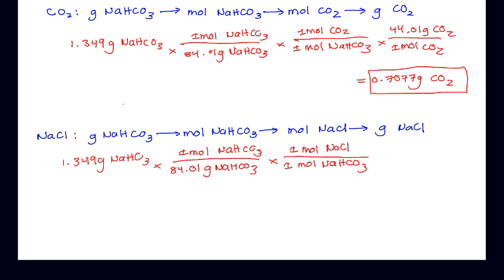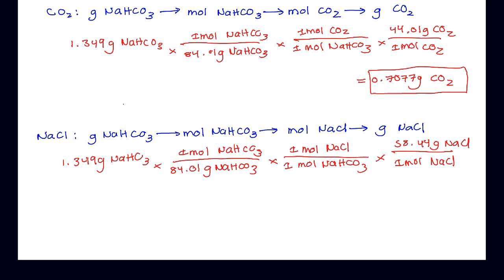And the last thing is we need to use the molar mass of sodium chloride. So remember that we have to have moles on the bottom. So for every 1 mole of sodium chloride, our molar mass is 58.44 grams.